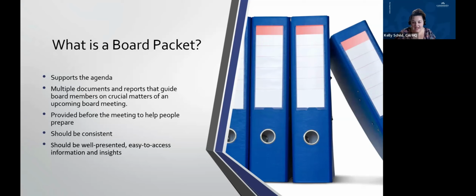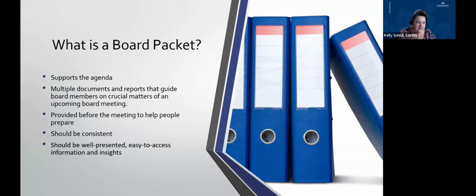By a show of hands, has anyone been kind of confused at information that they've ever seen in a board packet, or not sure where to find something? Again, feel free to raise your hand or to use the emoji with that. But if it's not consistent, you're not going to know what you're going to look for, and then you're not going to be able to make the best decisions at the end of the day as a board.